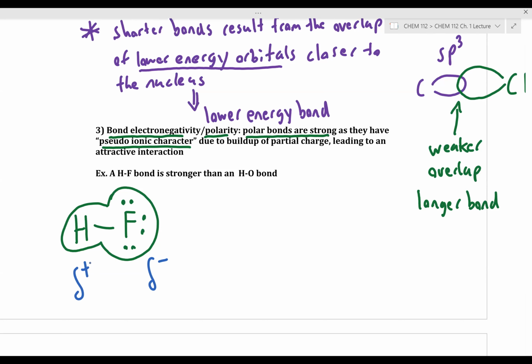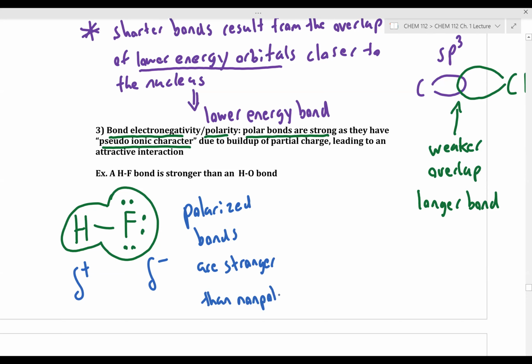Yes. So then, this attractive interaction between our two partial charges results in a pseudo-ionic bond that's stronger than your typical covalent bond. So polarized bonds are stronger than nonpolar bonds, assuming equivalent factors in other cases.